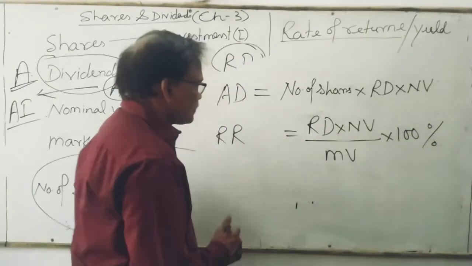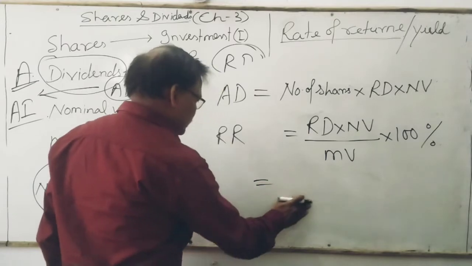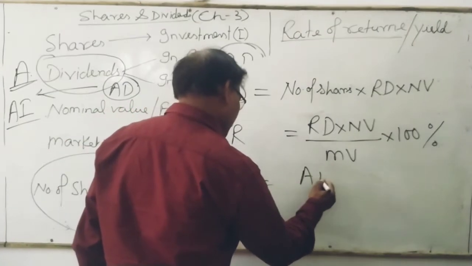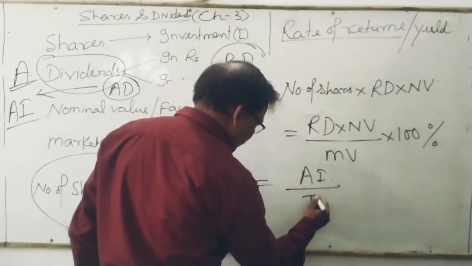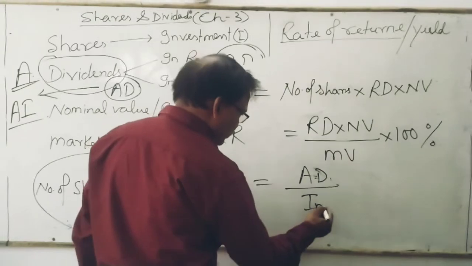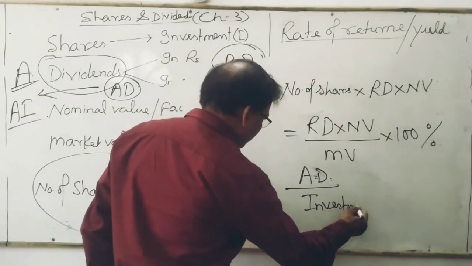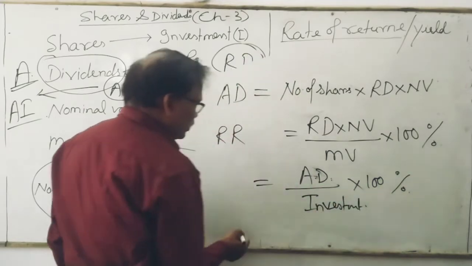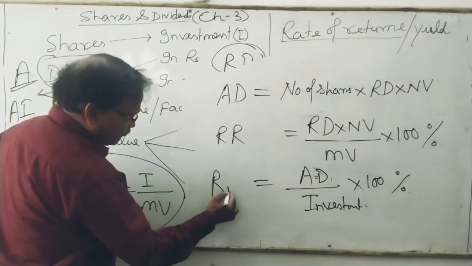Clear? One more formula, that is annual income upon investment, or we can say annual dividend upon investment into 100%. This is also the formula of rate of return.